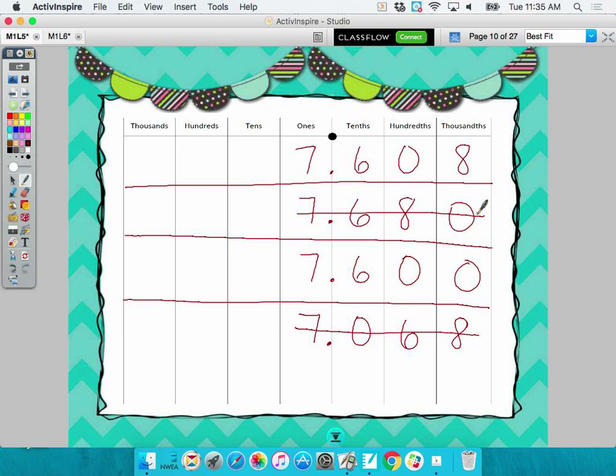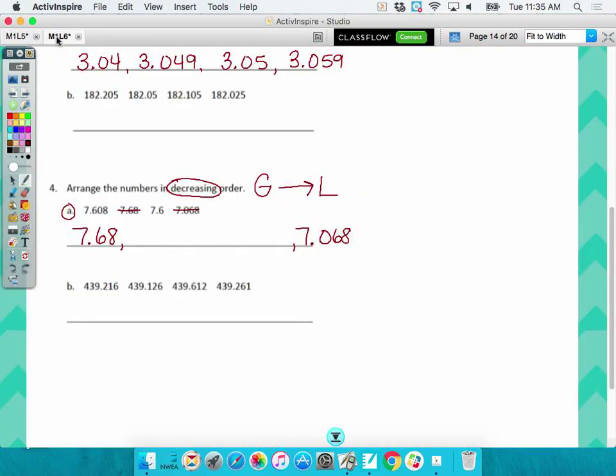So I'm going to put the largest number on there. 7 and 608 thousandths, comma. And 7 and what? 7 and 6 tenths.